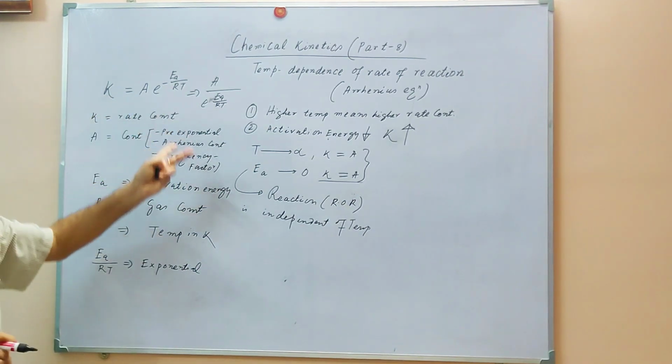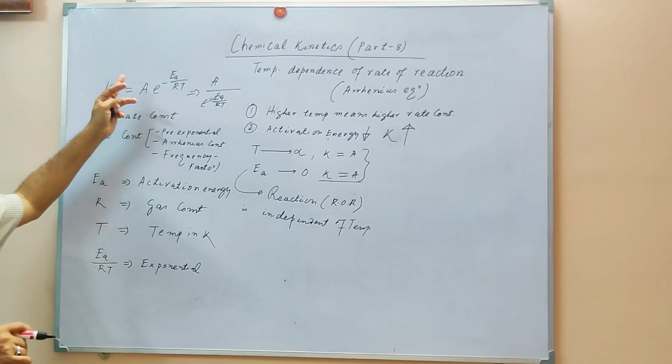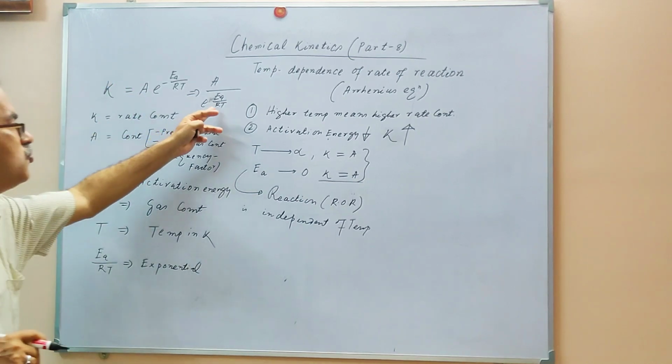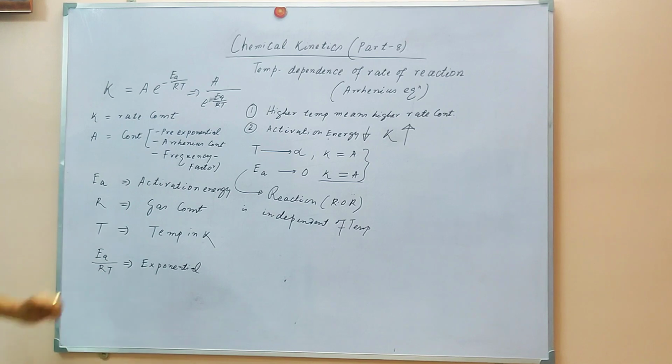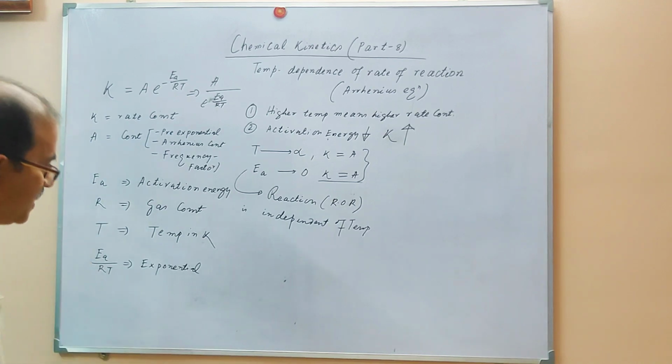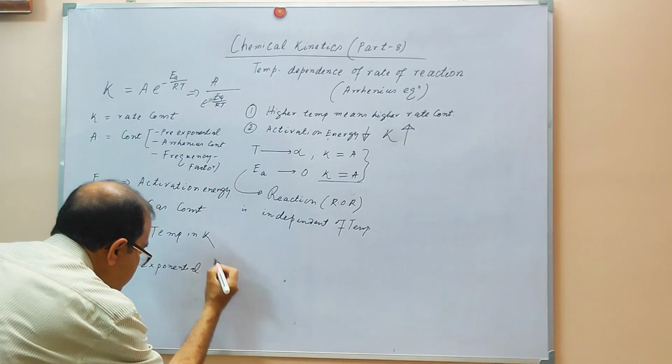The Arrhenius equation is this, and this is the exponential factor. We can understand one thing: this exponential factor is dimensionless. Why is it dimensionless? Let's see.